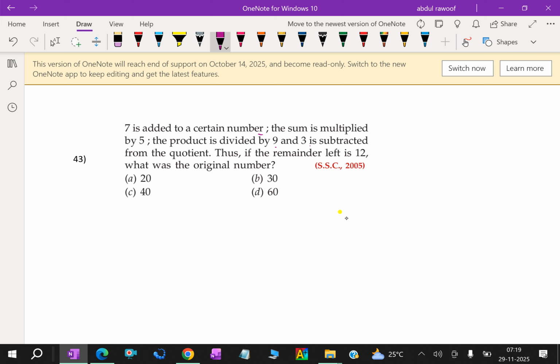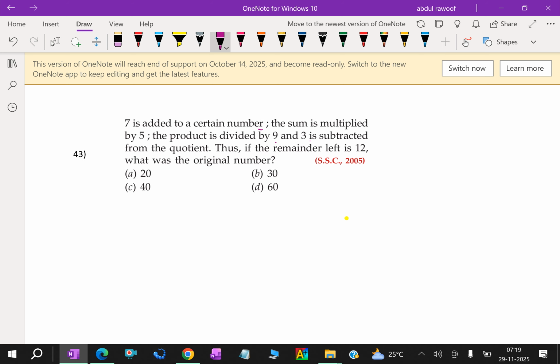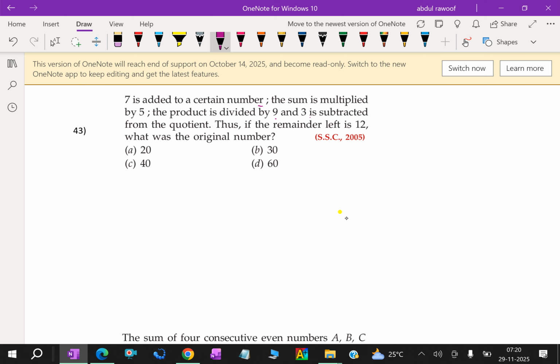Look at this. Let the original number be x. 7 is added to the number, that is x plus 7. The sum is multiplied by 5 and the product is divided by 9.